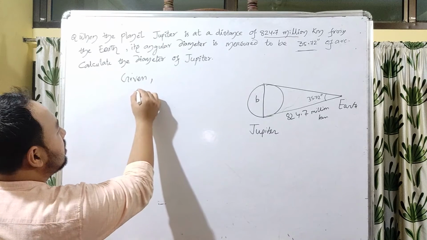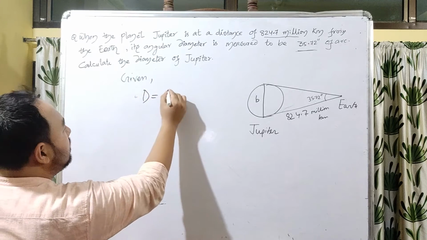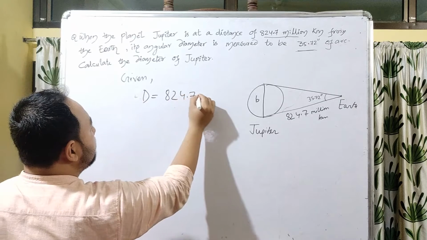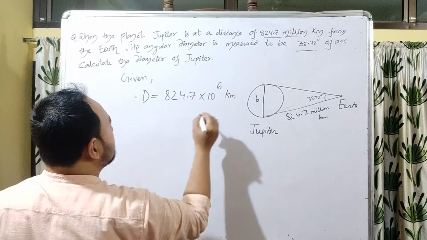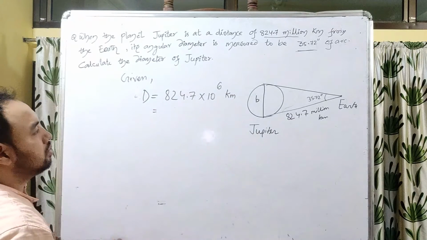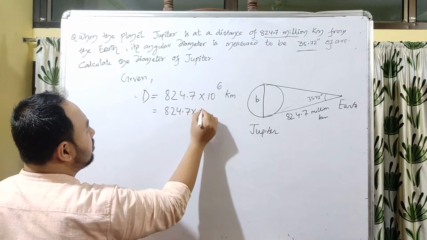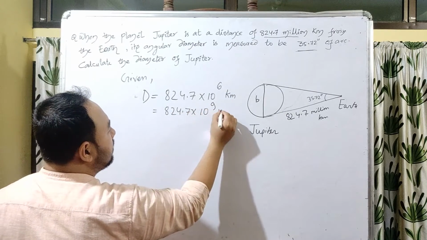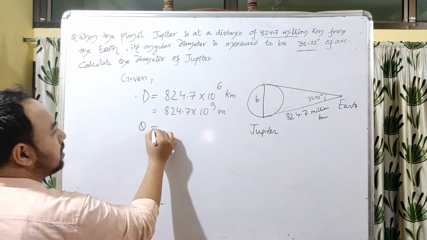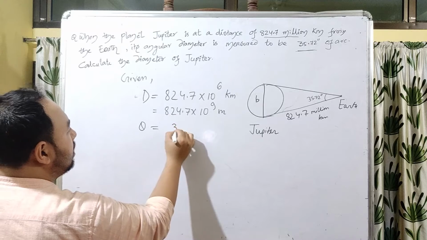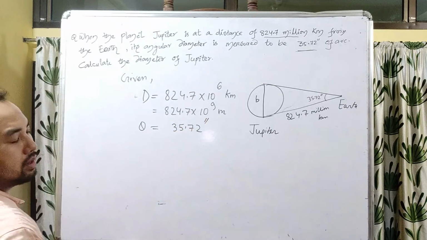Okay, so let us write the given numbers. D is 824.7 million, means 10 to the power 6 kilometers. So if we convert this into SI system, then 824.7 into 10 to the power 9 meter. Okay, so next is theta. Theta is equal to 35.72 arc seconds.